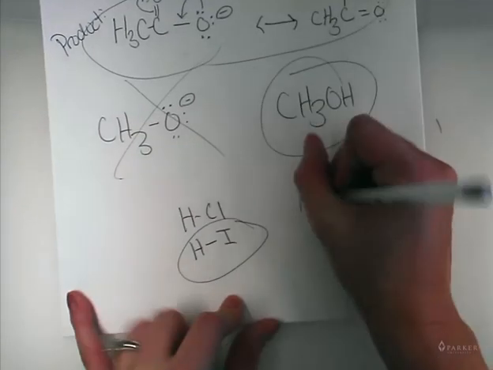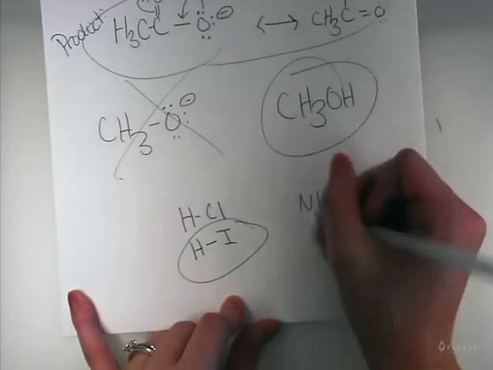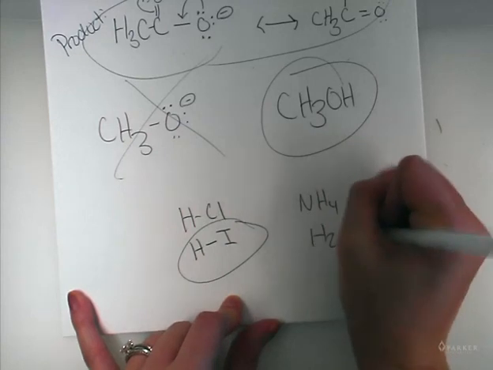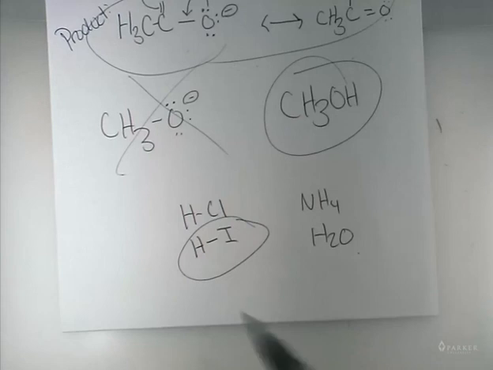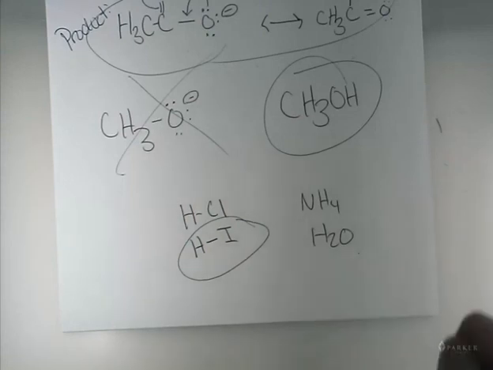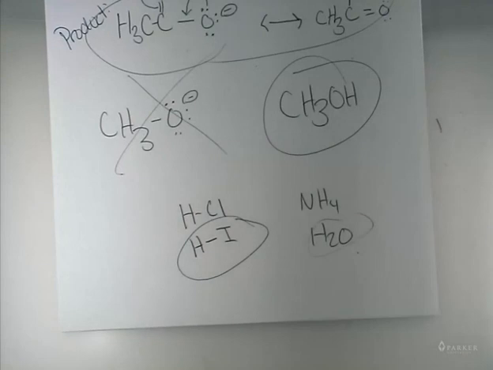What about NH4 versus H2O? So now what am I comparing? Am I going up and down or left and right? Left and right? So which one would be more acidic? Which one? The water there.